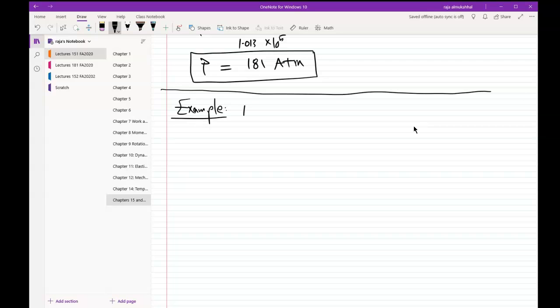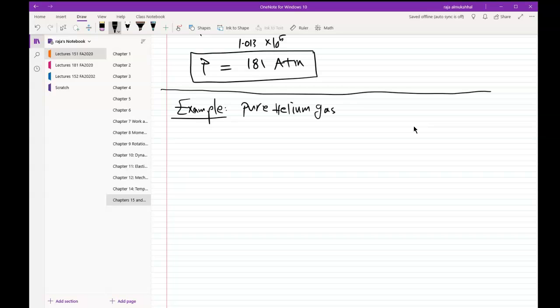All right, it says here we have pure helium gas. Helium doesn't bond into molecules, so we're just going to assume these are helium atoms.